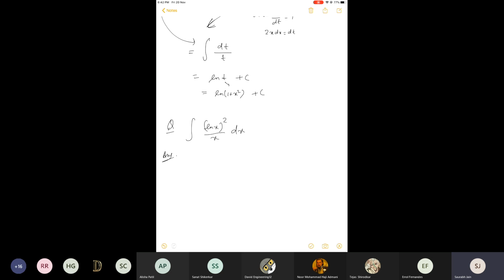What is the substitution here? Any one of you? Try it. What is the problem? It is easy.